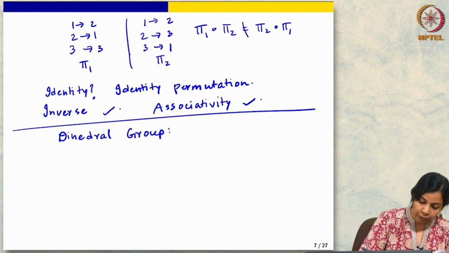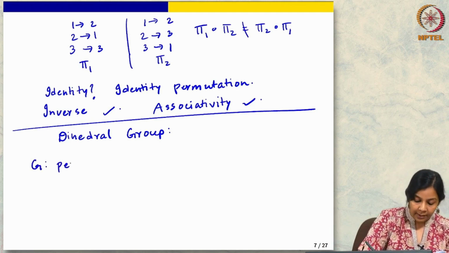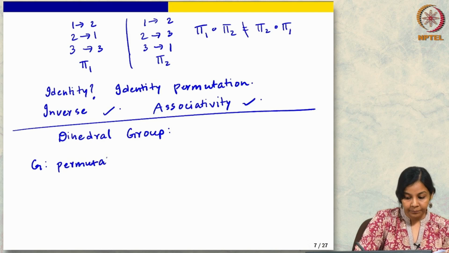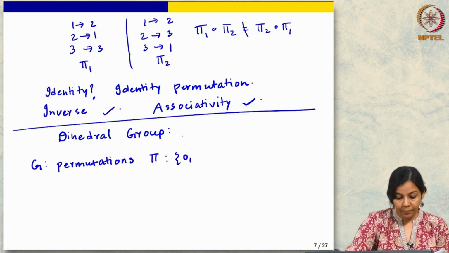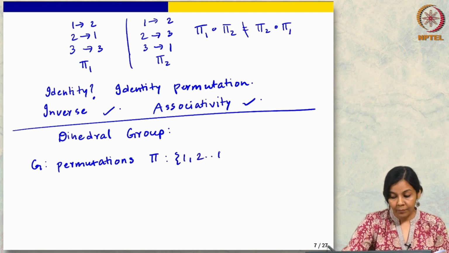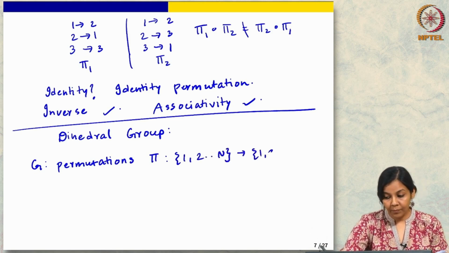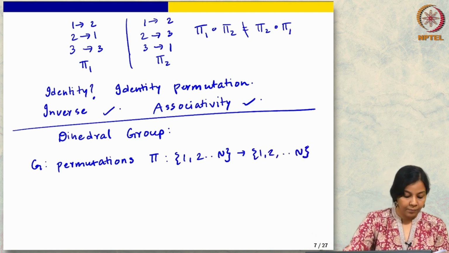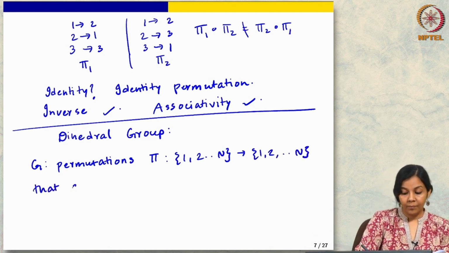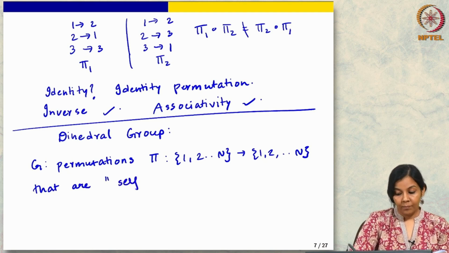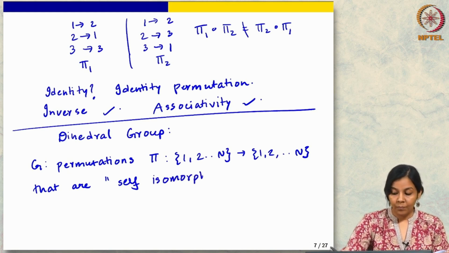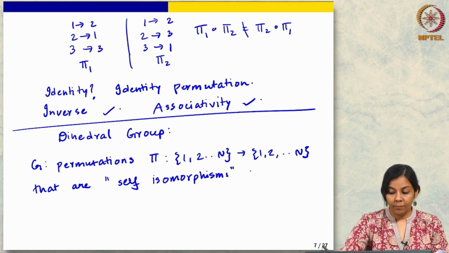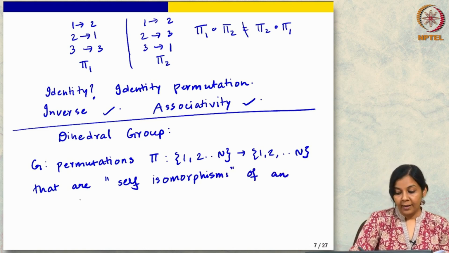We'll write it down. Okay, so let G again be permutations that are self isomorphisms of an n cycle graph.